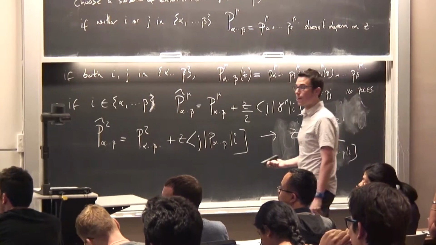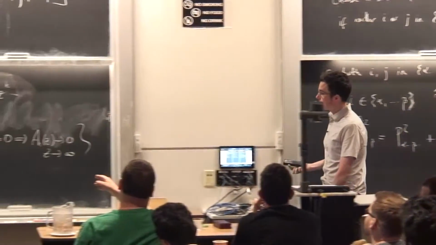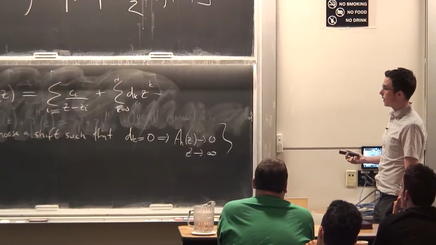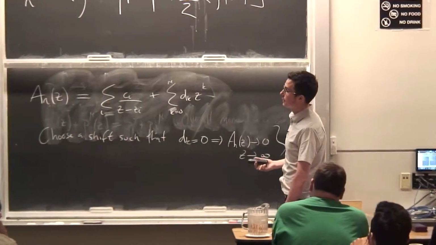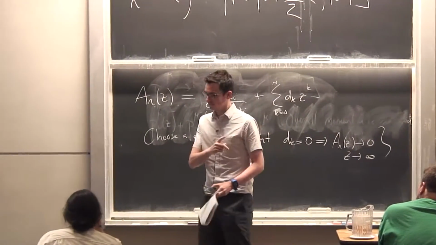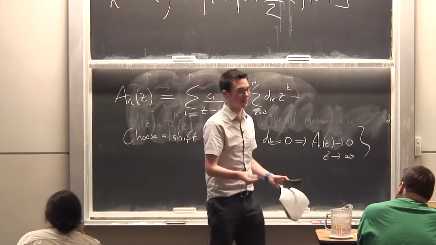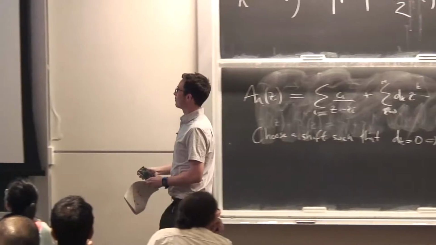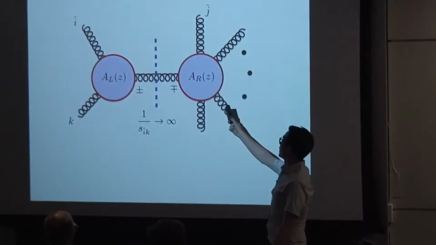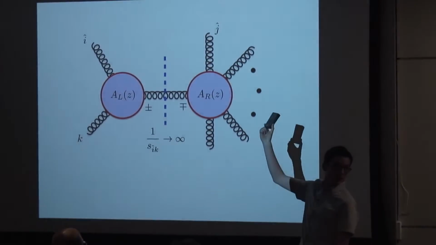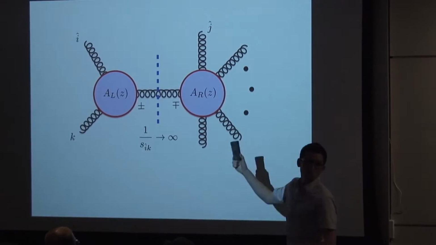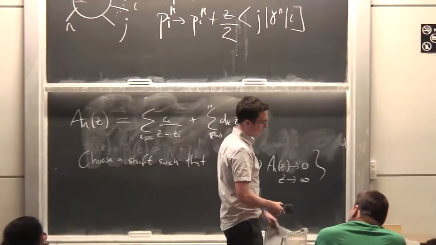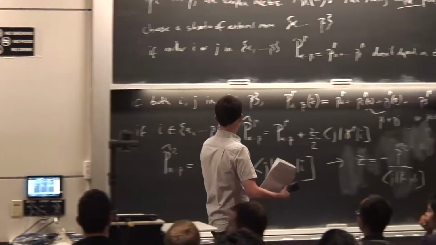Somewhere else. Yes? The summation of simple poles, to get that, you have to assume that only one gluon can possibly go on shell at a time? Yes, because how would I... well, no, because they're going to get a recursion relation in the end. What would happen if I had another one? Then I would have a second topology here, right? But in the end, I'm going to set them all up into one big amplitude. Also, for tree level, these things are always going to be unique, right?